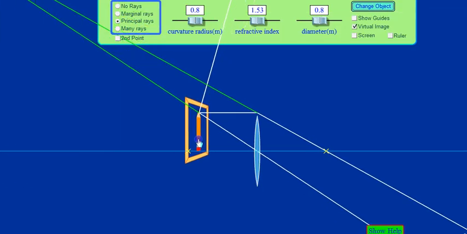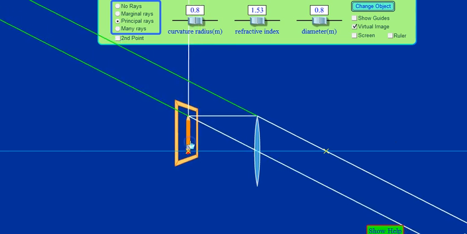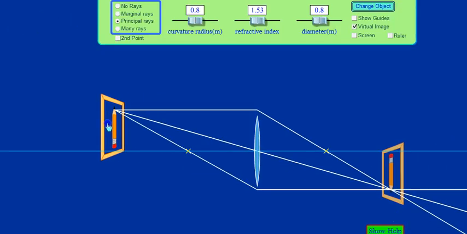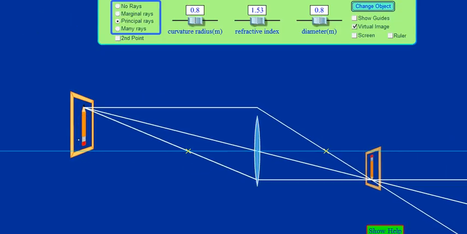And if I go to the focus itself, we have the same problem that we did with mirrors, in that all of the rays are parallel. None of them converge at all. And of course out here we have a real image.